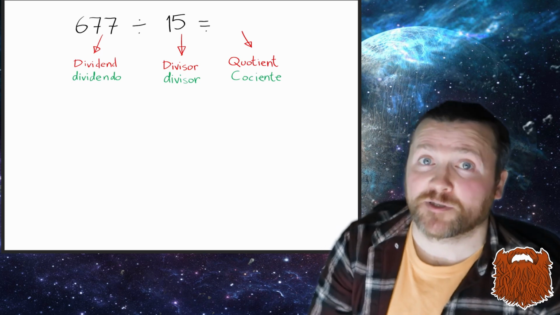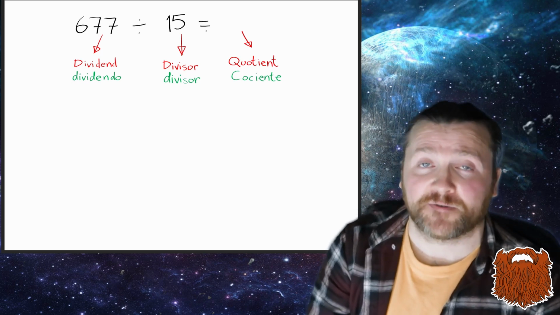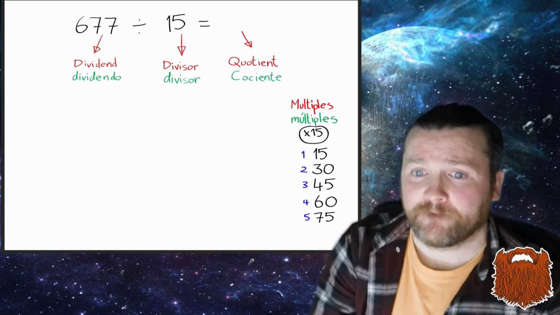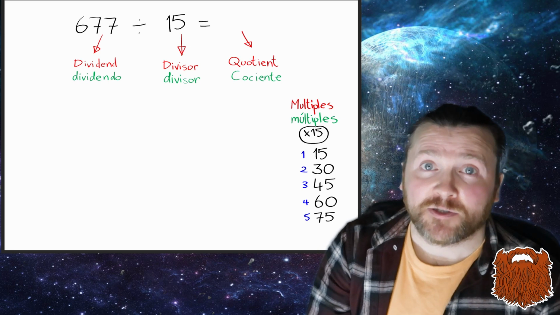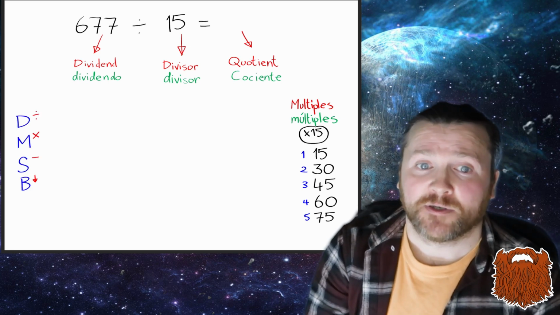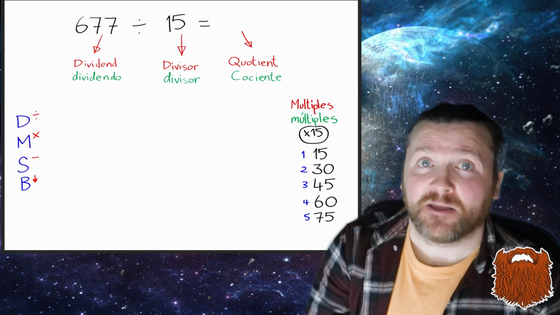Okay, we need our multiples of 15 because the divisor is 15. And we need our Does McDonald's Sell Burgers? DMSB.